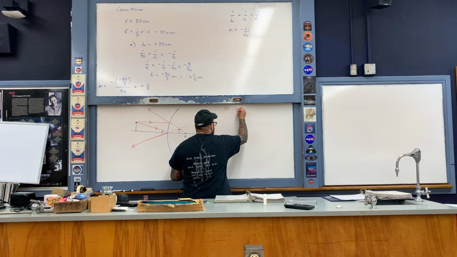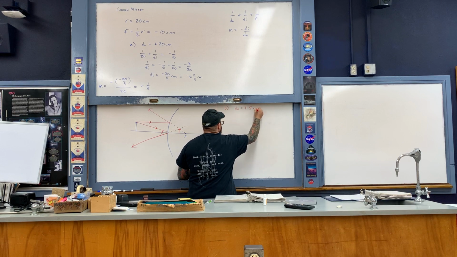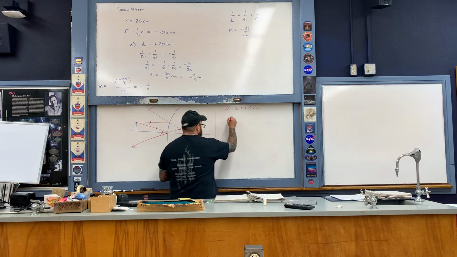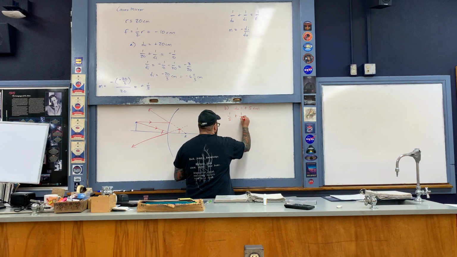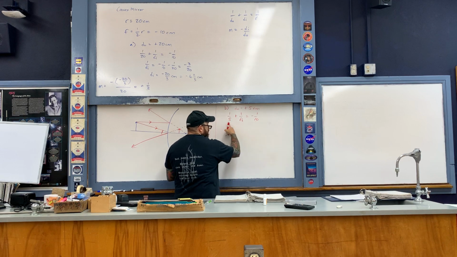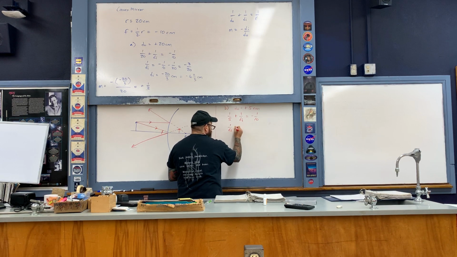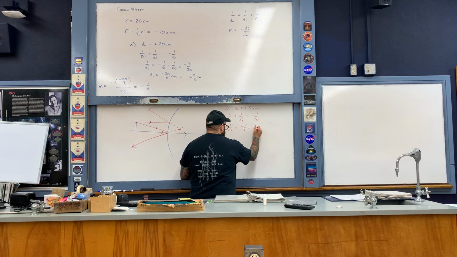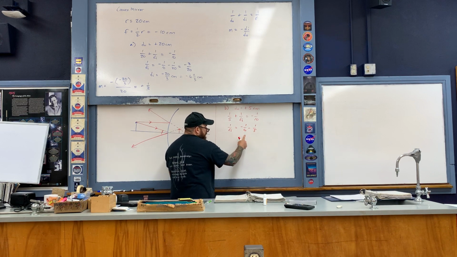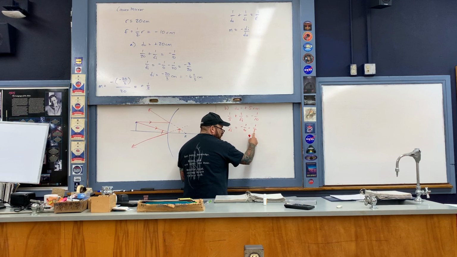Okay, now in part B, we're given that the object distance here is positive 5 centimeters. Once again, first of all, just follow the math. So 1 over dO plus 1 over dI equals 1 over f. Okay, subtract the 1/5 to the other side. Notice that the image distance is still going to be negative. So this right here is negative 1/10 minus 2/10.